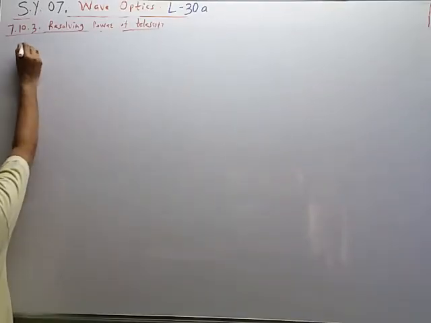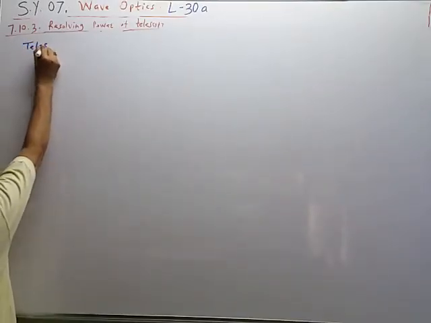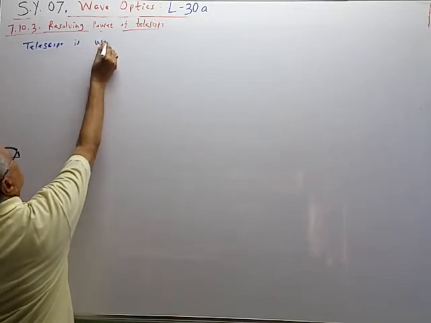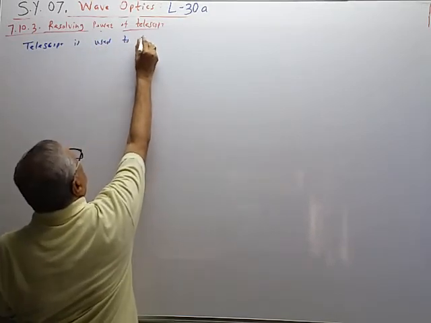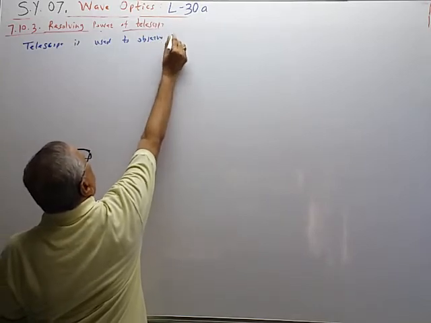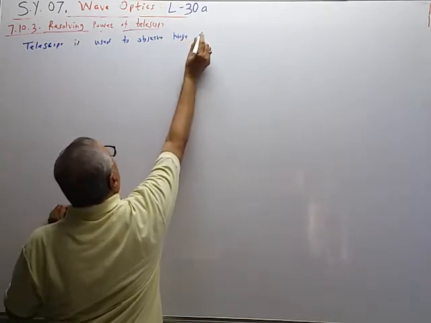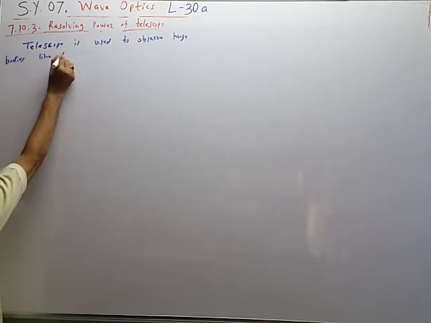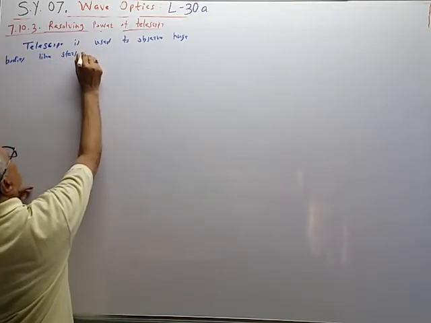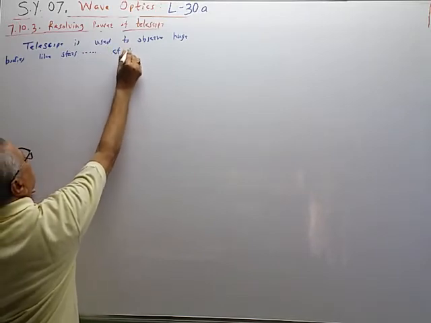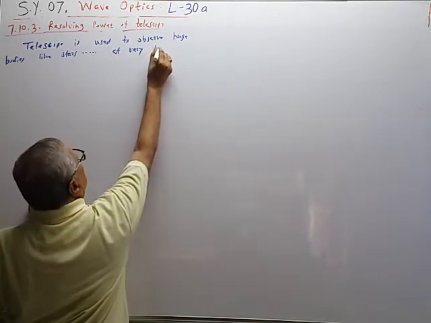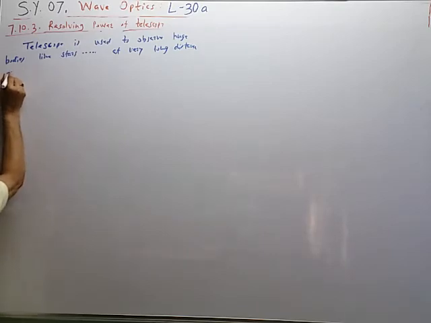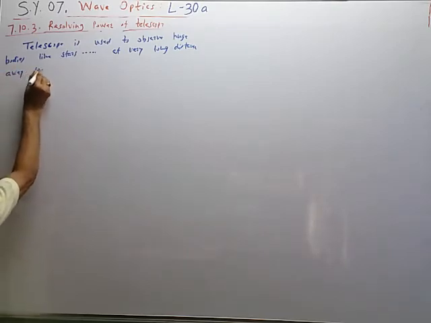So telescope is used to observe huge bodies like stars, etc. at very long distance away from Earth.